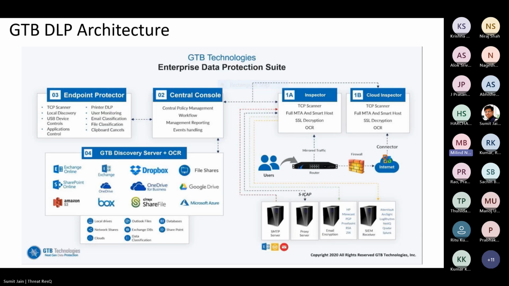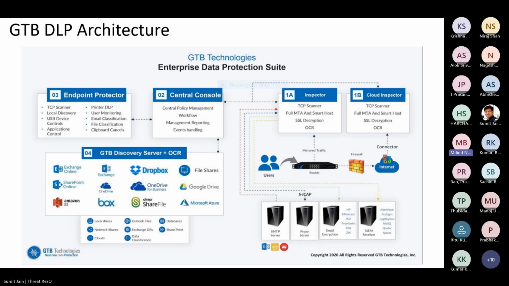Now, coming back to this is the architecture of GTB DLP, where three categories of licensing take place. The first essential part is the central console, which is your main server, and your endpoint protector, that is your agent.